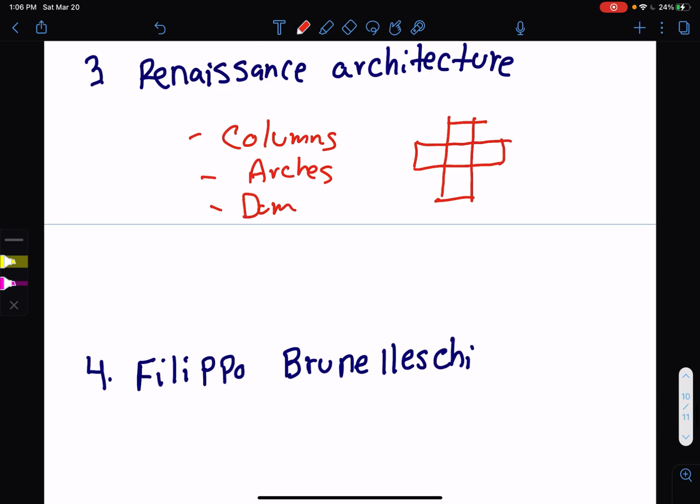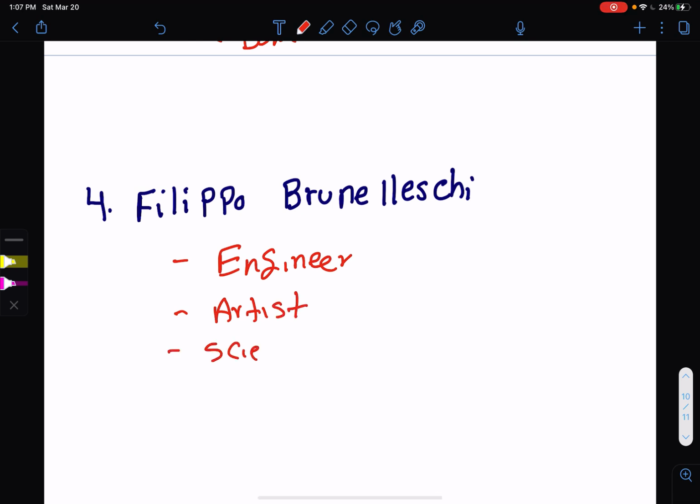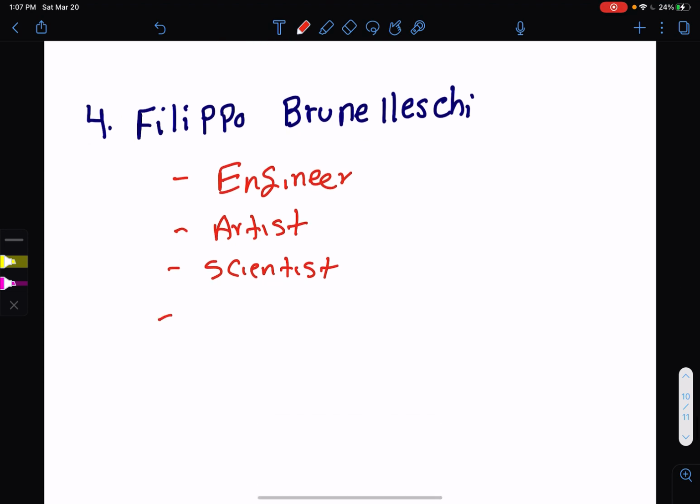Okay. Filippo Brunelleschi, big person. He's an engineer. He is an artist. And pretty much a scientist, right? He develops the concept of perspective.